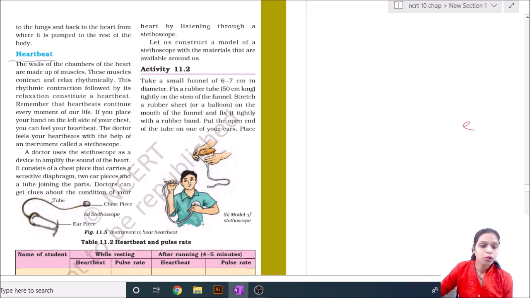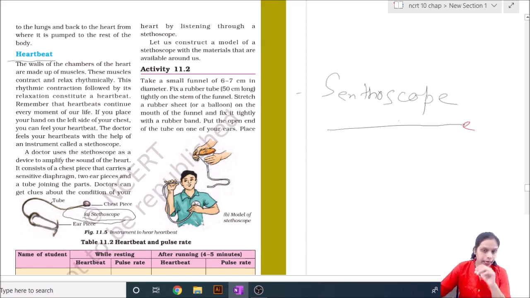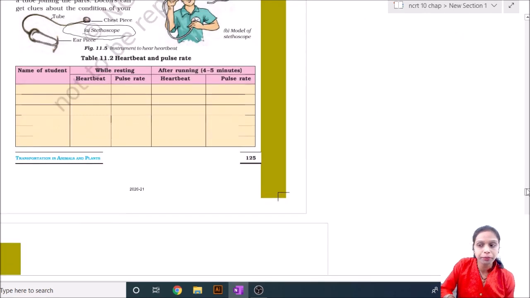Actually a doctor measures the heartbeat through a stethoscope. A normal human heartbeat averages 75 to 80 beats every minute.